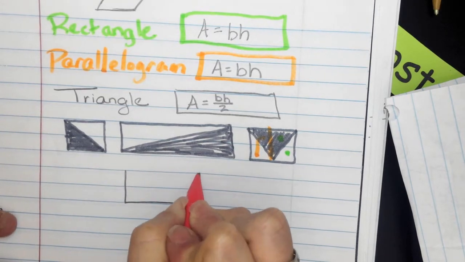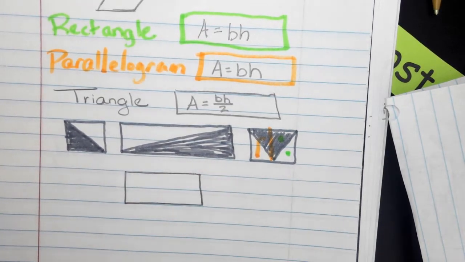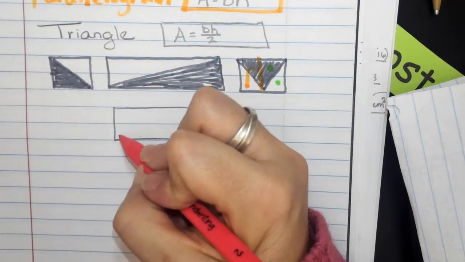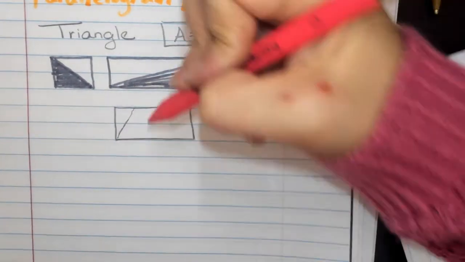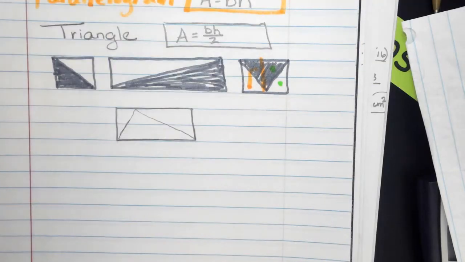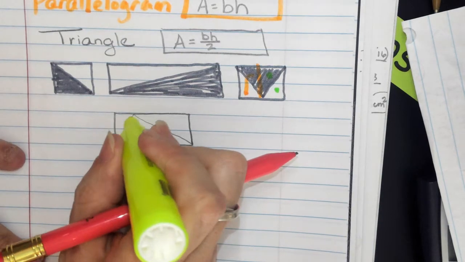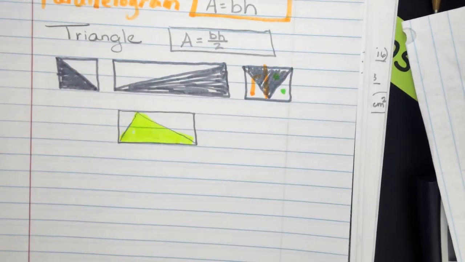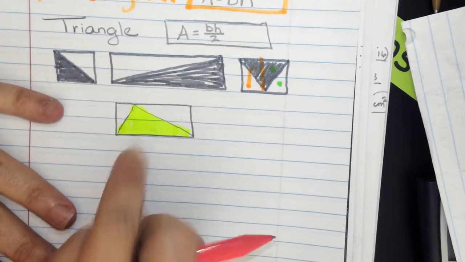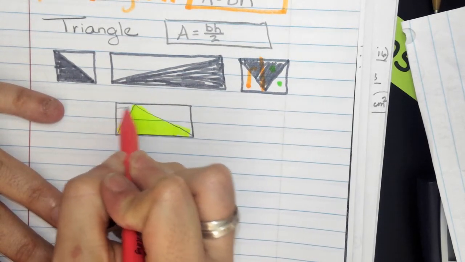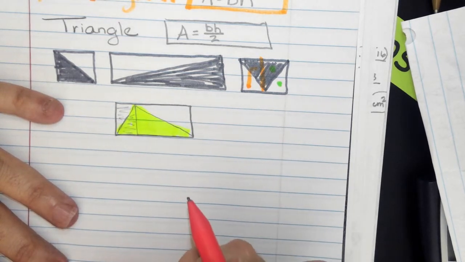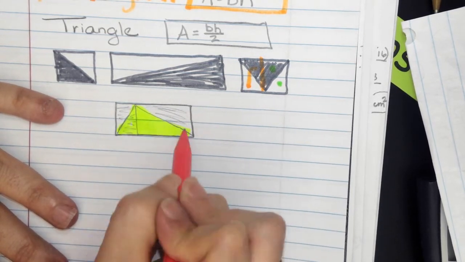Okay, so let's say you have something like this. I'm just not the best at drawing this one. Okay, so let's say this is your triangle. It is still half. It may not look like it, but if you think about it, this part right here would be right here, and this part right here would be right here.